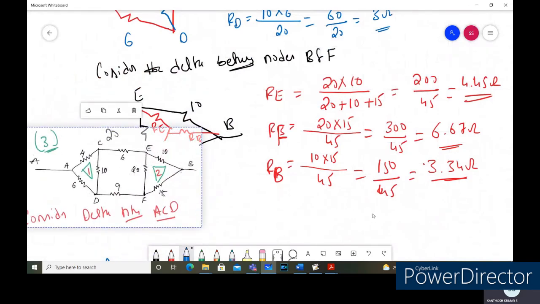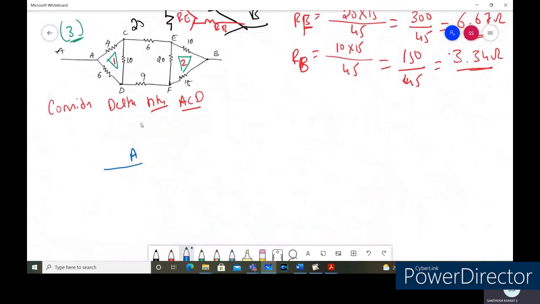Later we'll replace there. So between the node C and E, we have the 6 ohm resistance. This is the C and E, and between D and E, D and F, we have the 9 ohm resistance, and this is the node B.